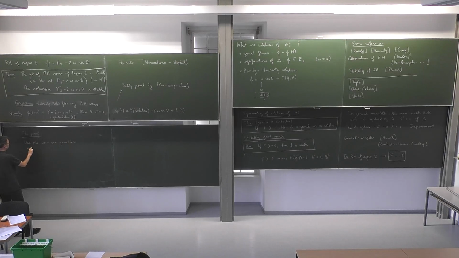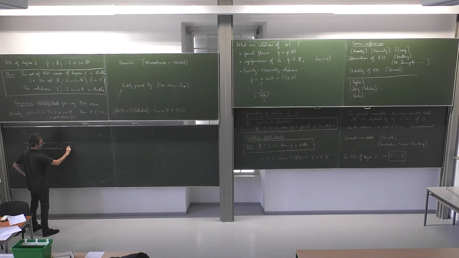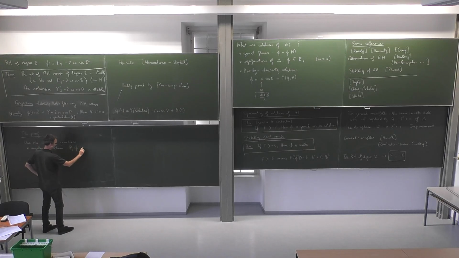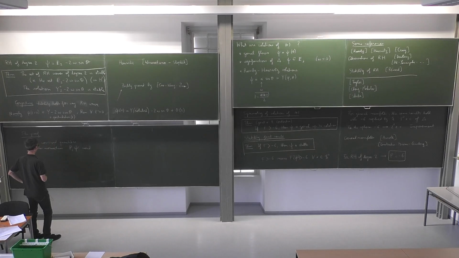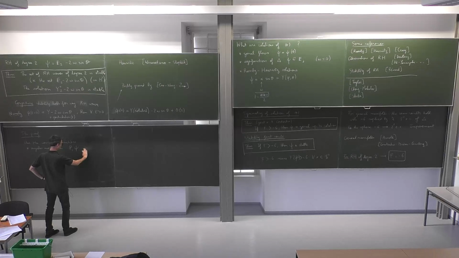First, the conservation of angular momentum gives you that the projection on the first eigenspace of the Laplacian of psi is, it's not constant, but you can solve exactly.